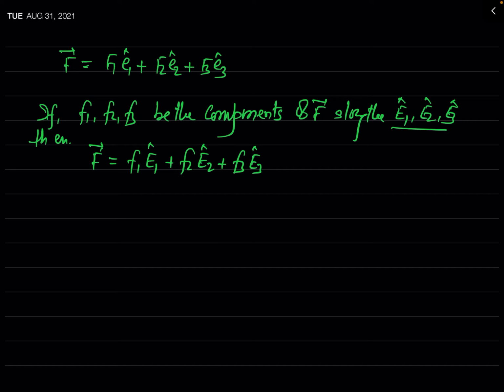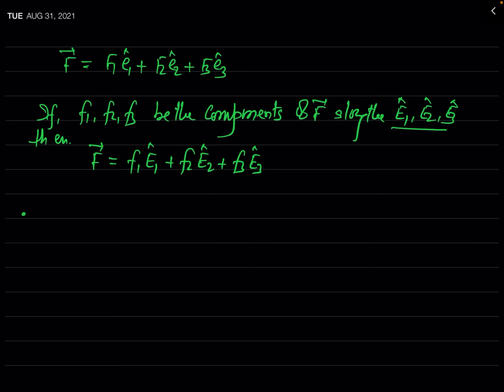Now the vectors del r by del u1, del r by del u2 and del r by del u3, and del u1, del u2 and del u3, these are not unit vectors, but these are the vectors from which we can find the unit vectors.